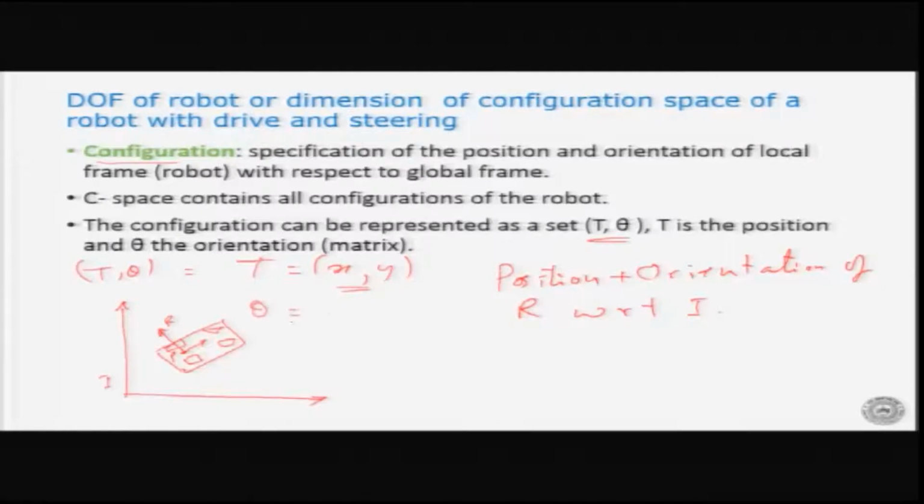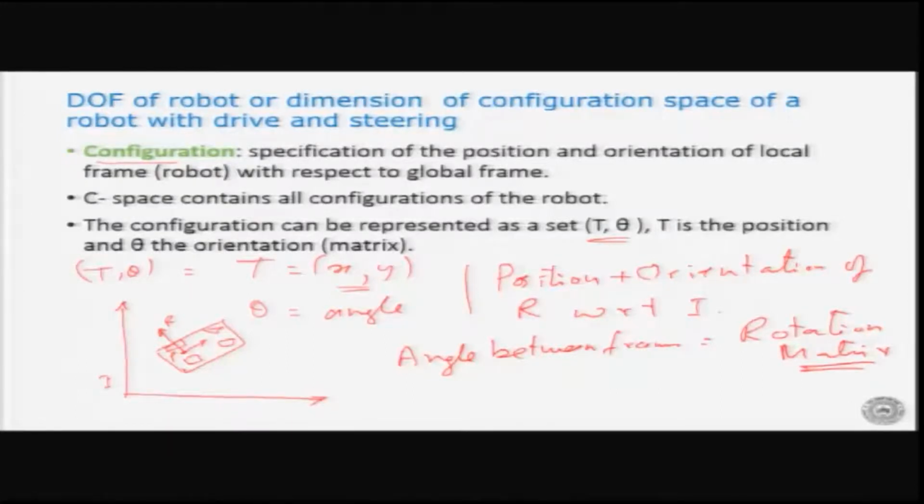Now, theta is the angle. Now, we know that the angle between frames is represented by the rotation matrix. So this is a matrix between the frame I and the frame R, equal to cos theta, minus sin theta, cos theta.